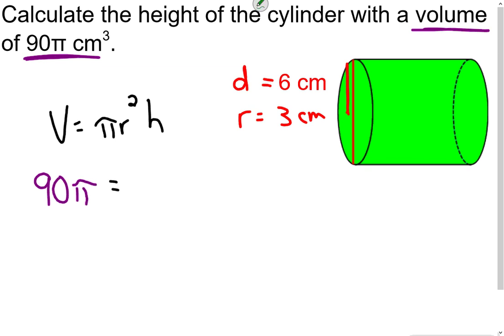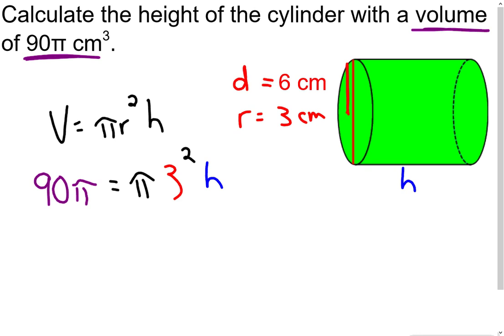Then it says pi, I'm just going to leave that, times the radius, which is 3. We have to square it, and then multiply it by the height. The problem is we don't know the height, so I'm just going to leave that as h. Maybe it's helpful to put that on our picture.